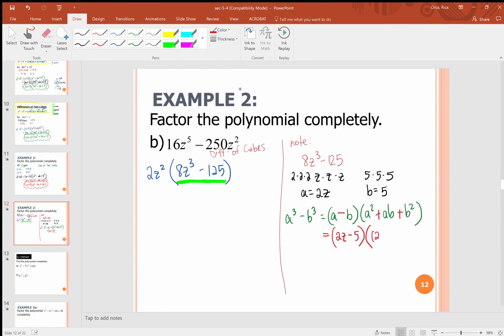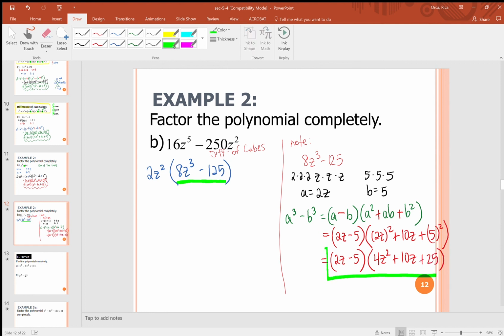A is 2z squared plus 5 times 2z is 10z plus B is 5. Let's continue. It's 2z minus 5 times 2z squared, 2 to the second power is 4, z to the second power is z squared, plus 10z, and 5 squared is 25.